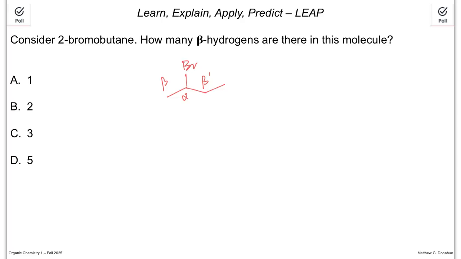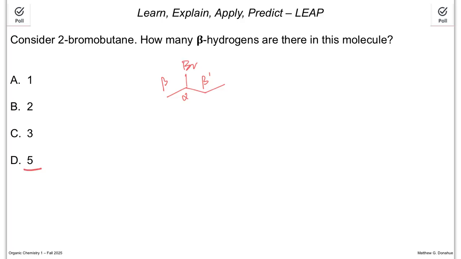And how many total beta hydrogens are there? So how many total are there?